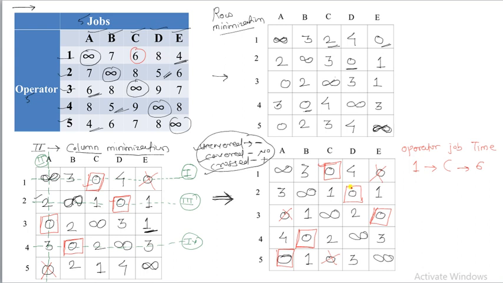The value we have to select from the original matrix or the cost matrix. The second operator has got the d job, and the time allocated in the original matrix is 5. Okay, so 5 is the time.